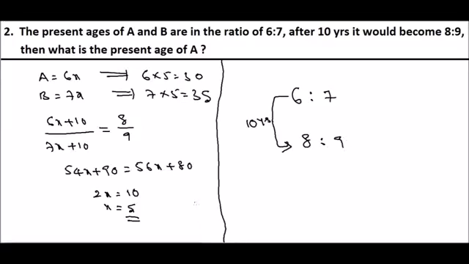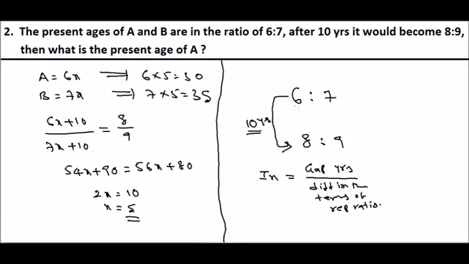Have to apply the shortcut. I need to find out the interval. Interval is equal to the gap in terms of years divided by the difference in terms of the respective ratio.